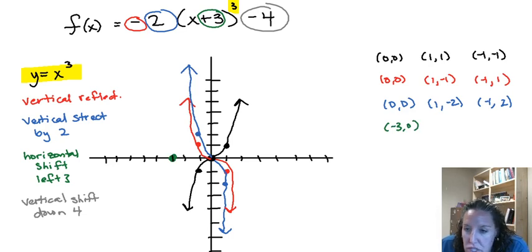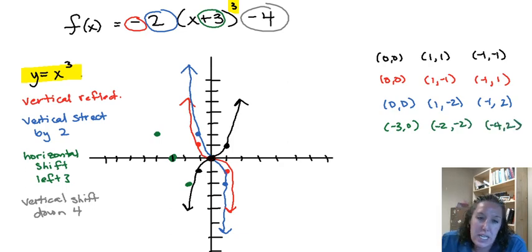Notice our y value didn't change on that step, only the x value did. Same thing's going to happen when we move each of our other 2 blue points. Our x value is going to move to the left 3, and the y value is going to stay the same.